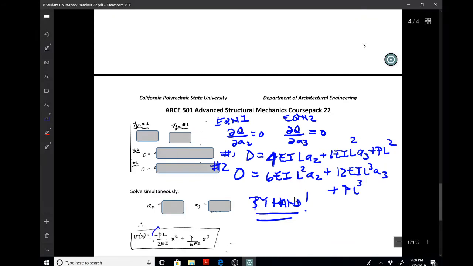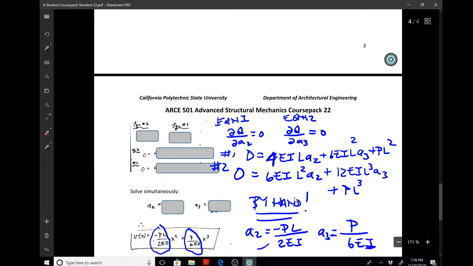I kind of gave the barn away by showing you A2 and A3 here. But A2 is minus PL over 2EI. And A3 is P over 6EI. So V is known.